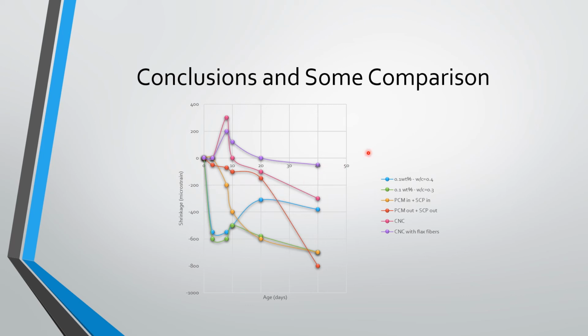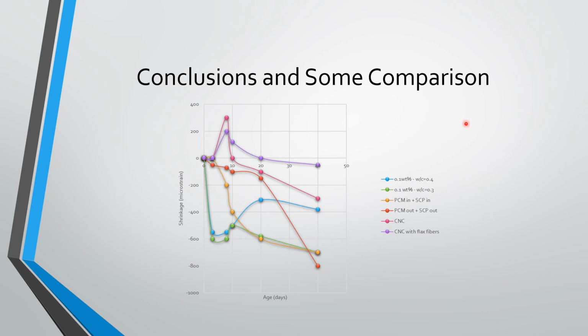We also have the curves from the second research with behavior similar to the other curves, that is the orange one and another red. Additionally, we have two of the third research with the PCM and SCP, that is the purple one and the red one.